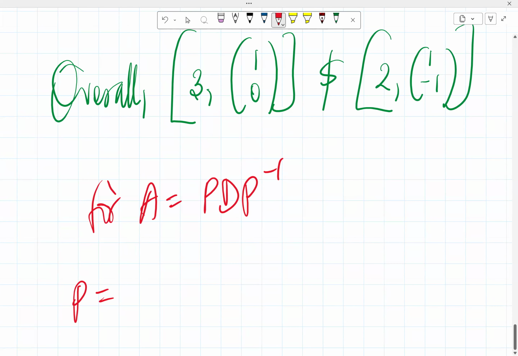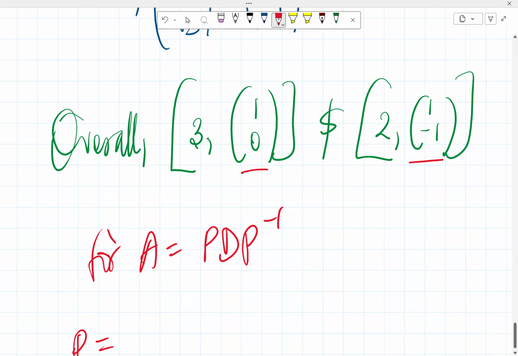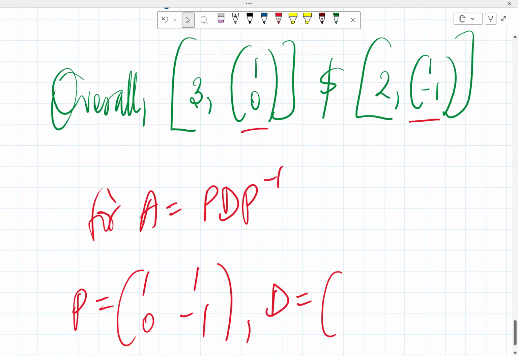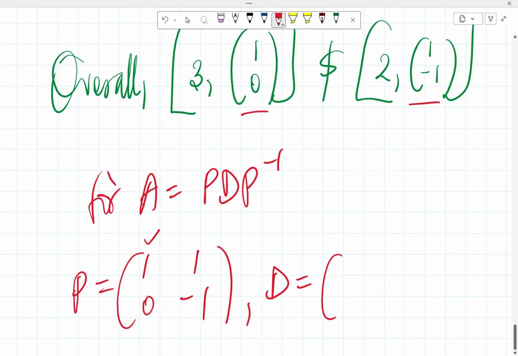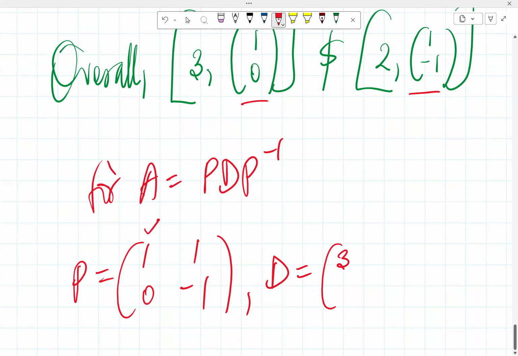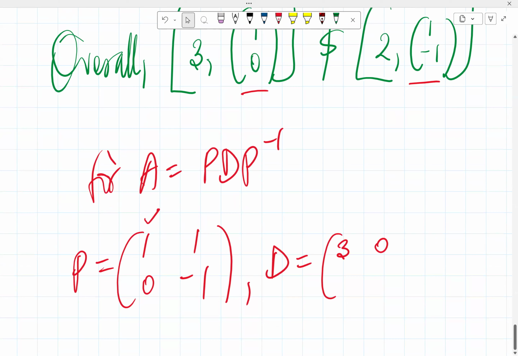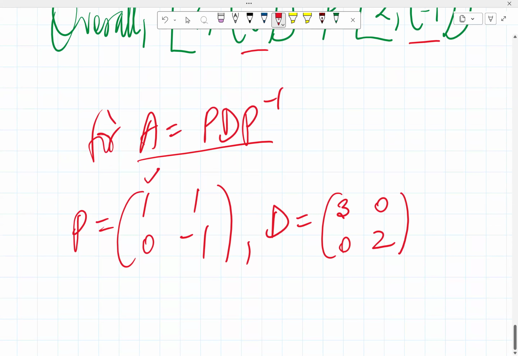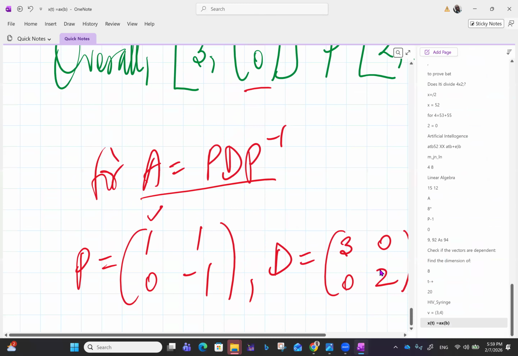It is the matrix of the eigenvectors, so [1 1; 0 -1]. And for matrix D, it is the matrix of eigenvalues. Make sure you have the first eigenvalue matching the first eigenvector, so you have 3, 0, and for the second one, you have 0, 2. That's how we can write A as PDP inverse.